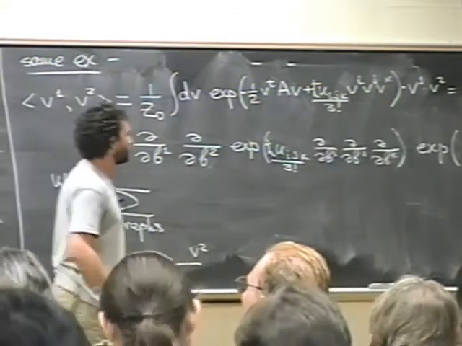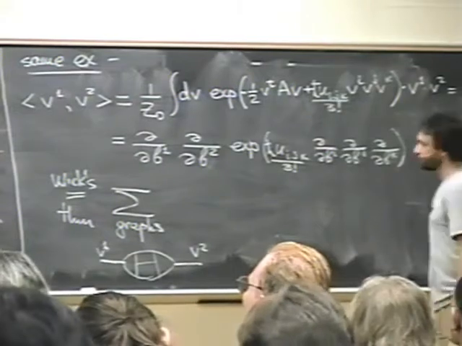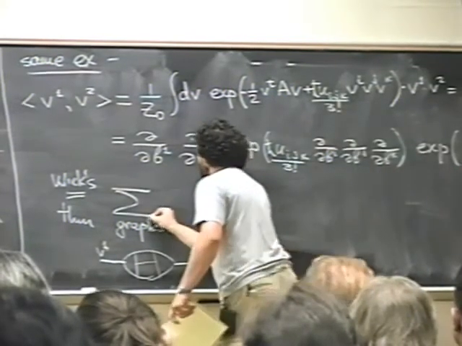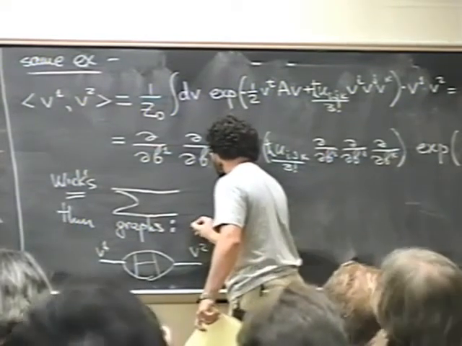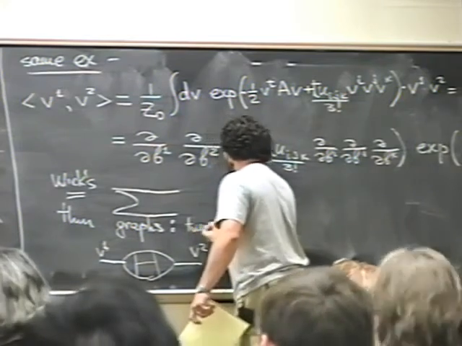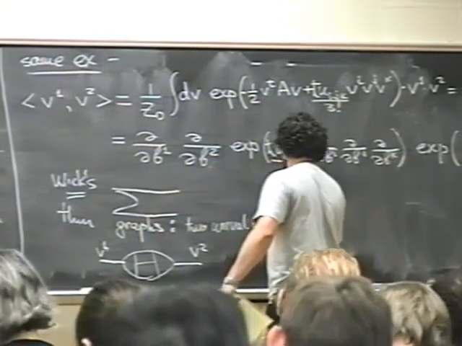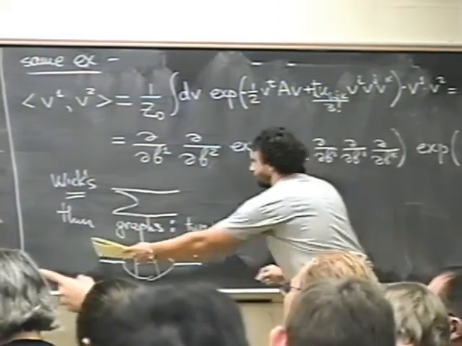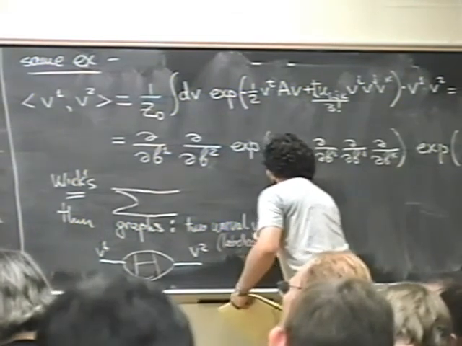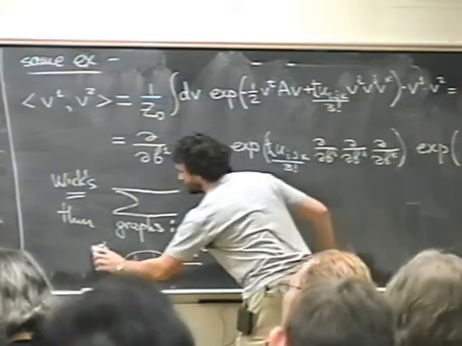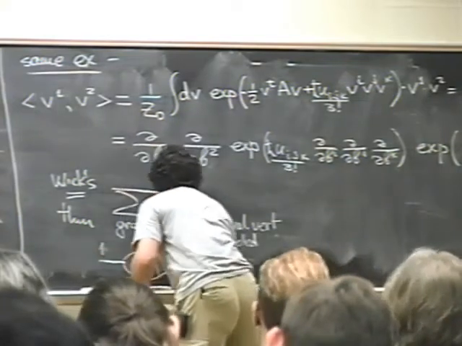So the only new thing here is that when I talk about graphs, these graphs will be the following. So I have graphs with two univalent vertices, which are labeled by V1 and V2, or rather by 1 and 2 if you like.